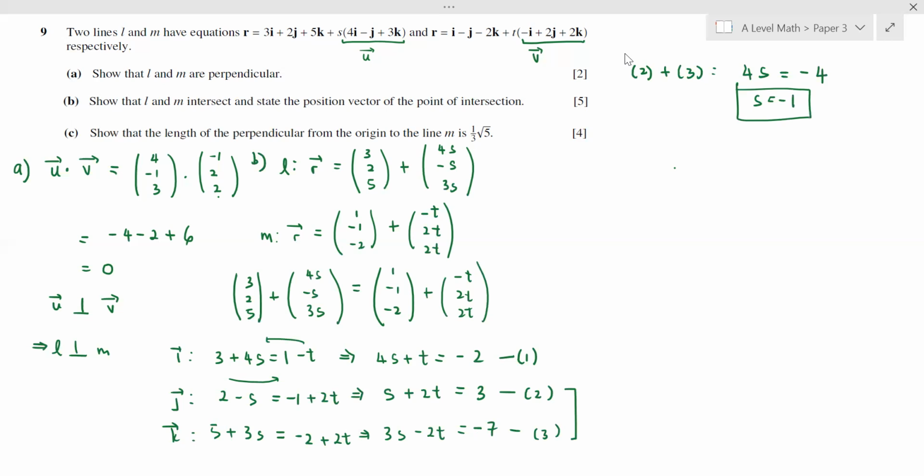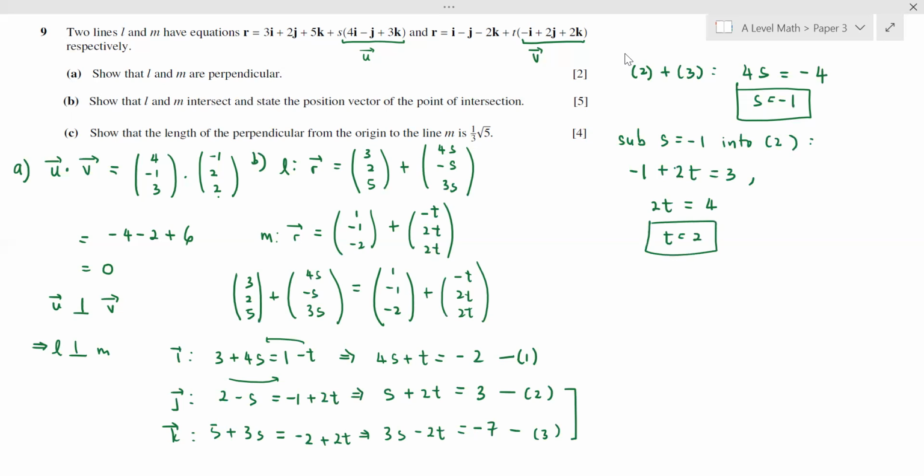Now we need to find the value of t using equation 2 or 3. So we can sub s = -1 into equation number 2. Then we have -1 + 2t = 3. And that will give us 2t = 4, so that t is 2.